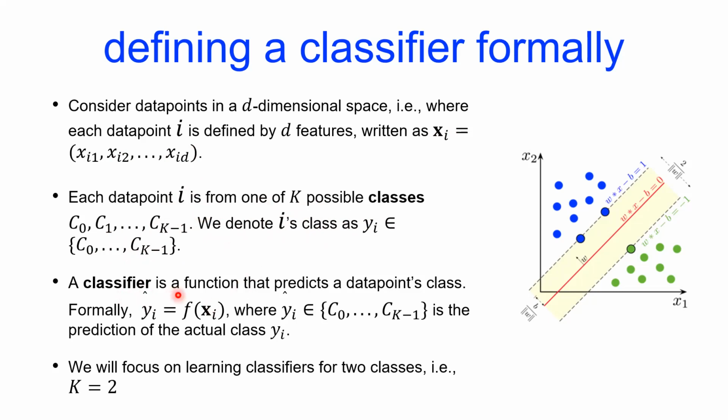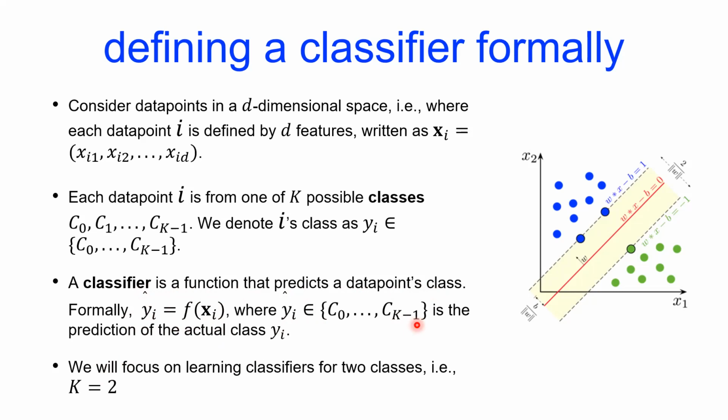Then a classifier is a function that predicts a data point's class. Again, formally, you will write your classifier as f(xi). Basically, this classifier is a function that takes a data point xi and outputs a yi hat, a class label. So this is the mathematical formal way to write what a classifier is. And also the yi will belong to one of your class labels.